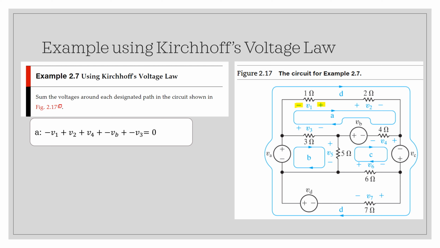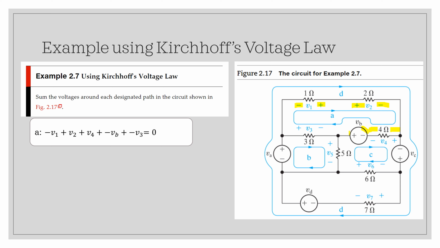At the 2 ohm resistor, we're entering at the positive terminal, exiting at the negative terminal, so it's a plus V sub 2. At the 4 ohm resistor, we're entering at the positive terminal, exiting at the negative terminal, so it's a plus V sub 4. Then we have our voltage source here.